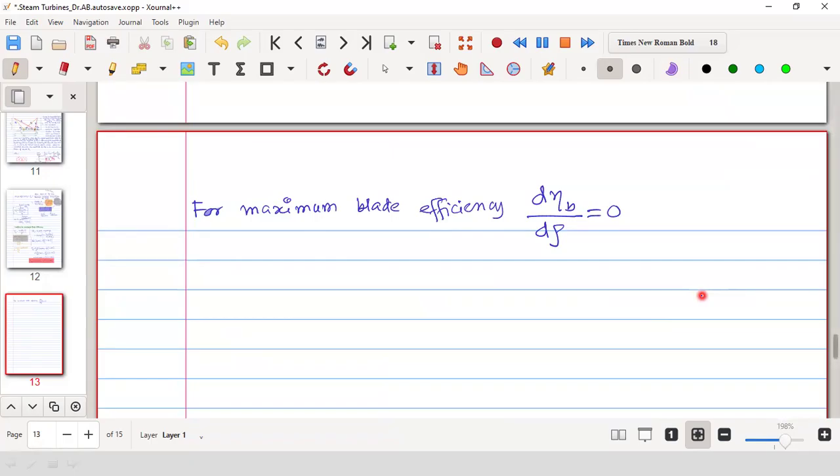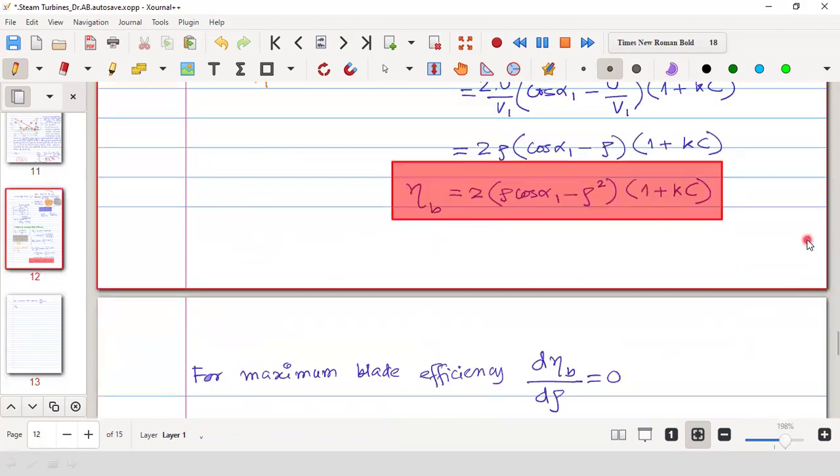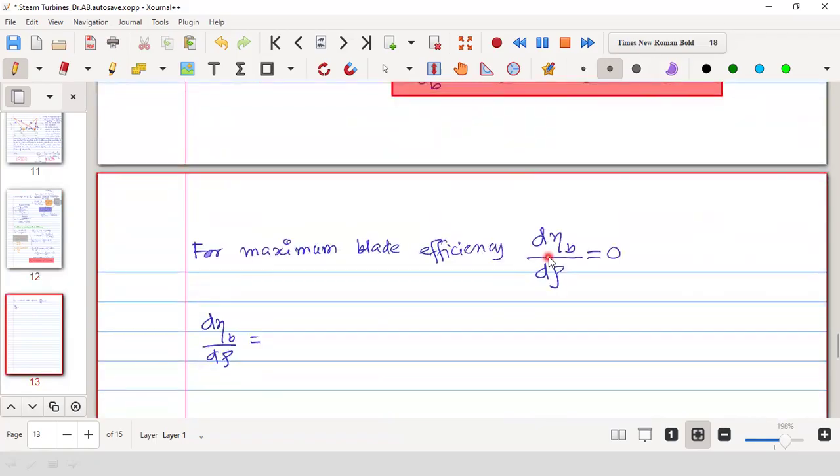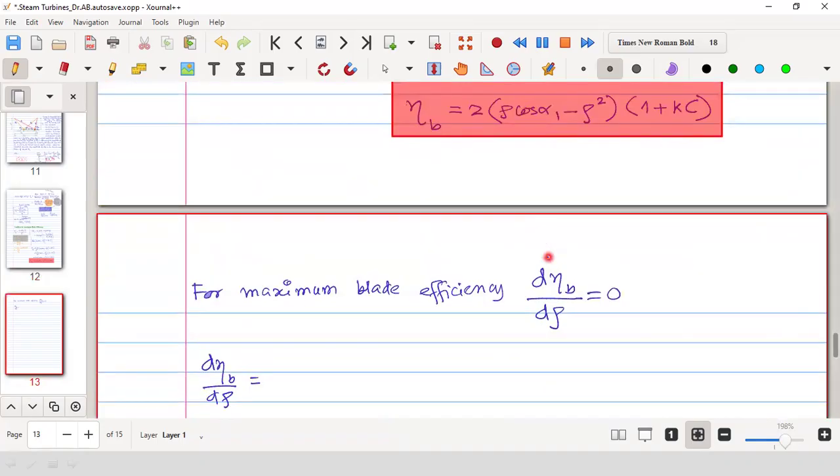So let us calculate. From this, d eta b by d rho: as this term is constant, it is the differentiation of this only. So 2 multiplied by 1 plus Kc, it will not change under differentiation.